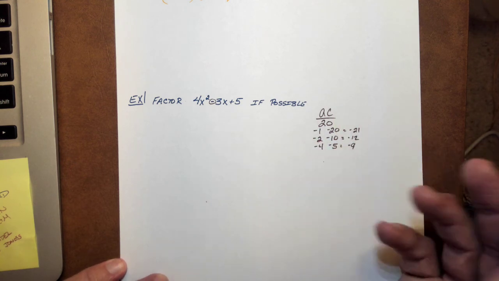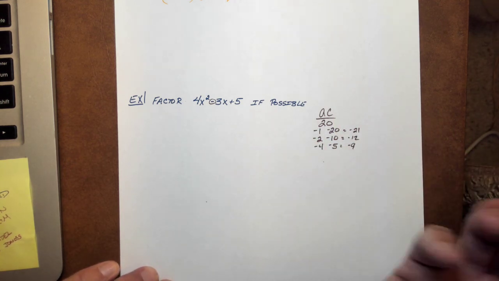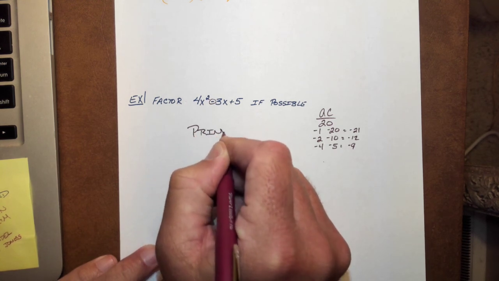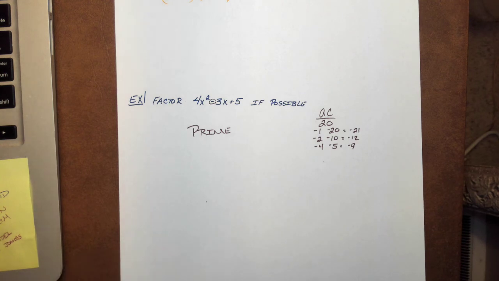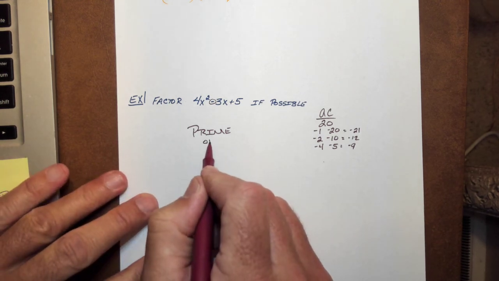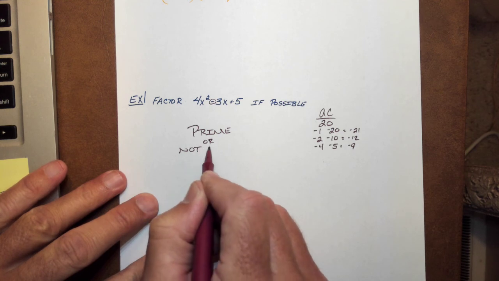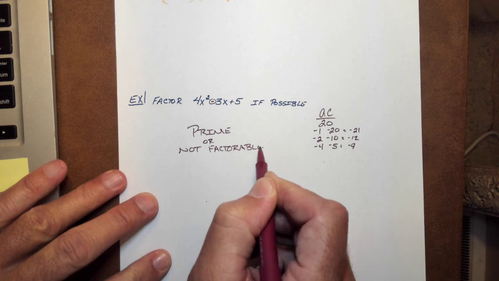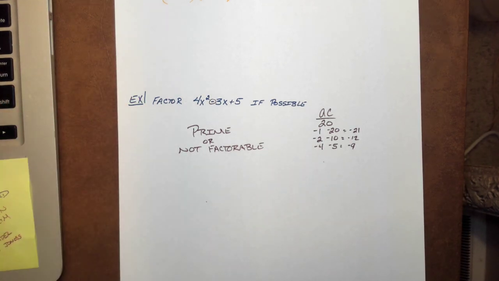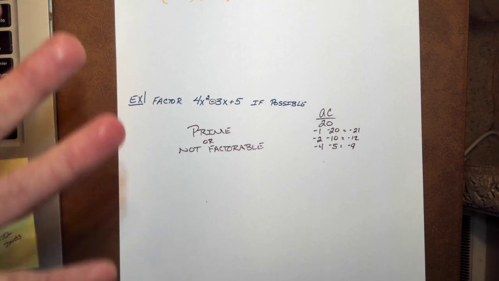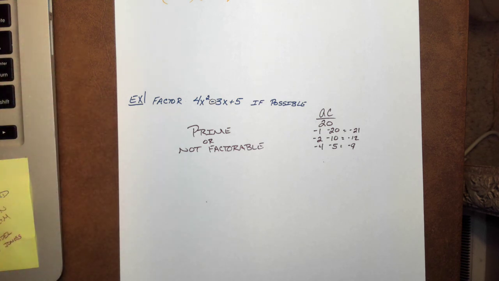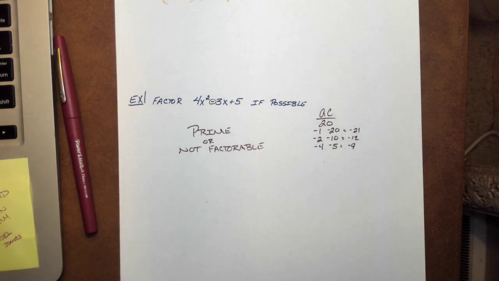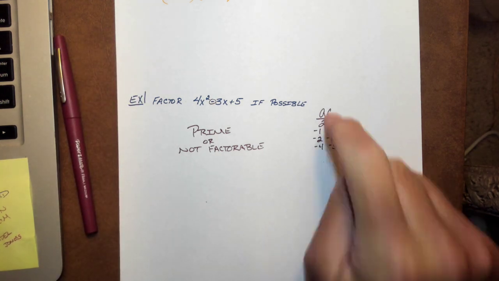So in this case, if your directions say not factorable or prime, then we write it out. This will be considered a prime trinomial or not factorable. In future lessons, you will learn how to solve these certain ones, but this particular method doesn't work. So our AC method is very similar to quadratic trinomials, we just have to go through the AC part of it.